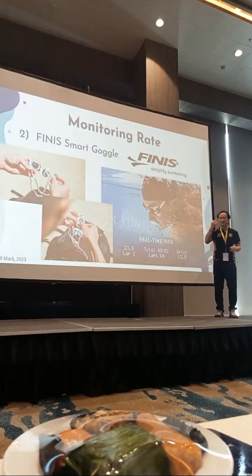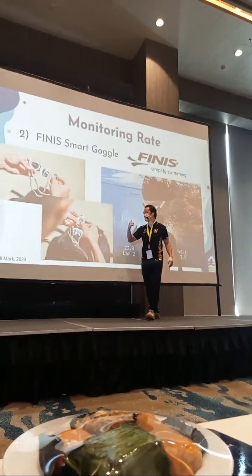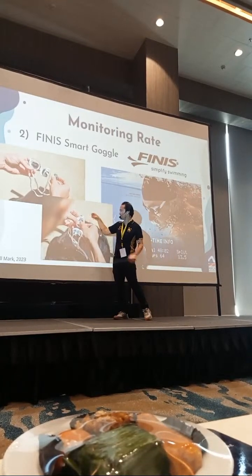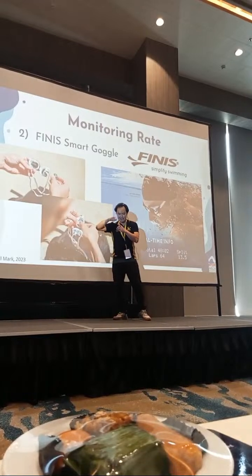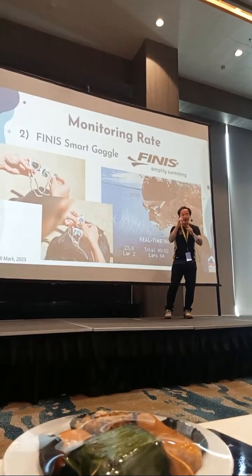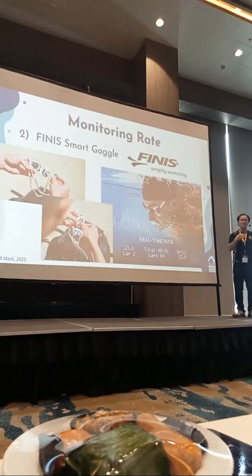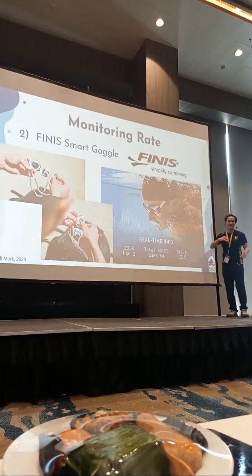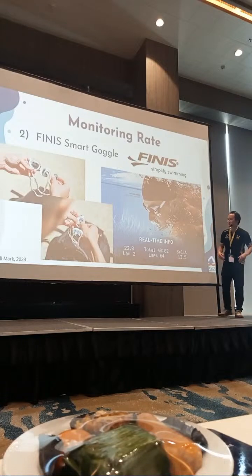It will tell you, so it is pretty cool. Basically, it's what Nathan was talking about in his video. You clip this little device, and I saw it back at the swim shop too. You clip a little device in the goggle, and it shows it in the goggle. And I've tried it on too, and it is pretty cool how you can see it, and you can still see what you're looking at, but it will tell you what stroke rate you're swimming at.